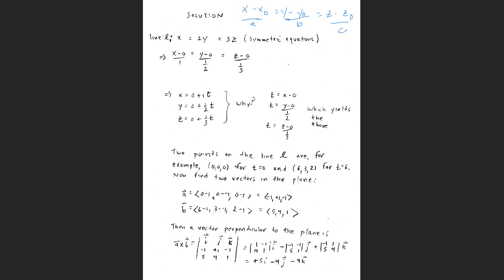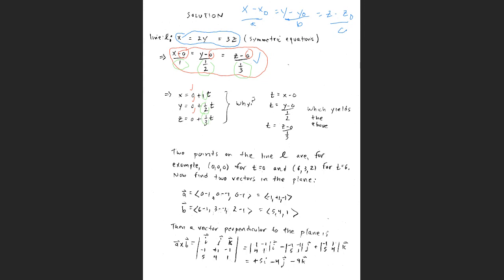The symmetric equations here, x = 2y = 3z, I write out this way so that I can identify a point that the line passes through and the direction that the line goes. The point that the line passes through is actually the origin, and that's how I get 0, 0, and 0 here. The direction vector has components 1, a half, and a third, and that's how I get 1, a half, and a third here.